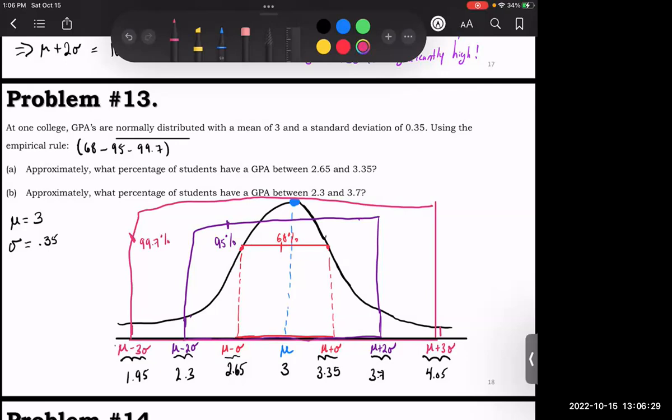Part A states: approximately what percentage of students have a GPA between 2.65 and 3.35? If you look at the bell shape we drew, is that range 1, 2, or 3 standard deviations within the mean?